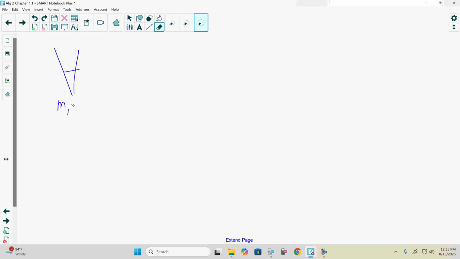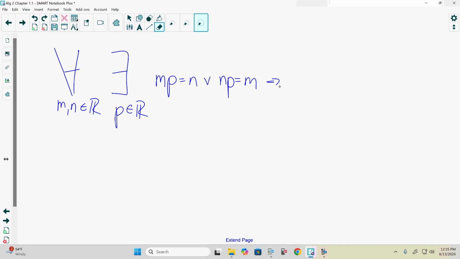For all real m and n in the real numbers, there exists a p in the real numbers such that m times p is equal to n, or n times p is equal to m, such that m is equal to n and p is equal to 1.